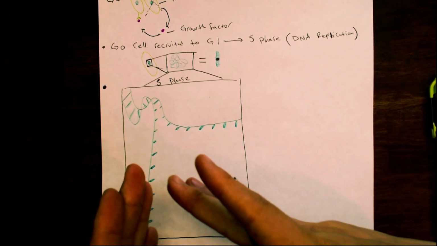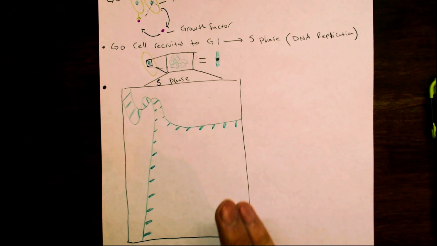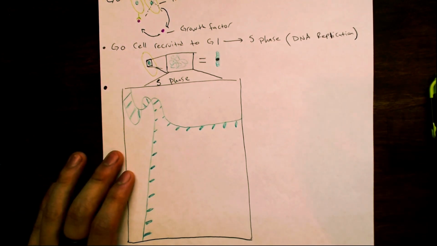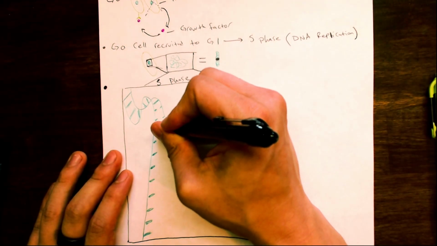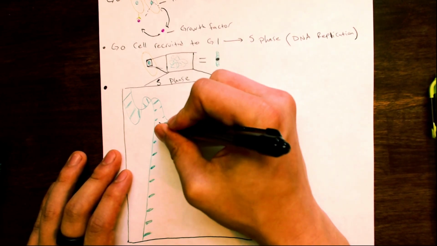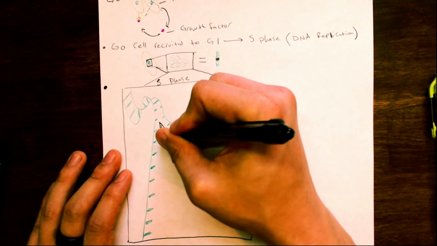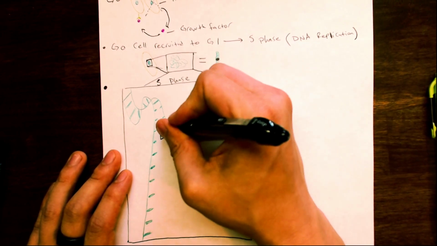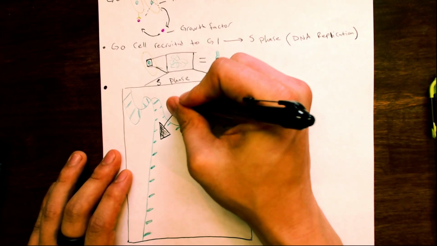So something is unzipping this DNA. That happens to be an enzyme called helicase. I'm just going to draw that as black here, shade it in a little bit, and label it helicase.